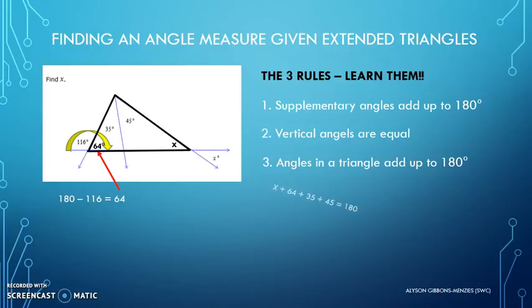So we can say x plus 35 plus 45... x plus 144 equals 180. If we subtract 144 from both sides, x equals 180 minus 144. X equals 36. So we found the angle X.